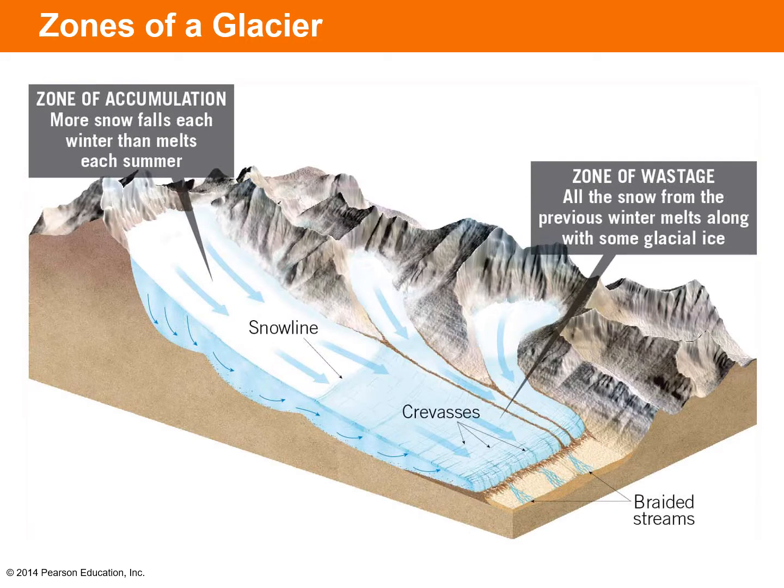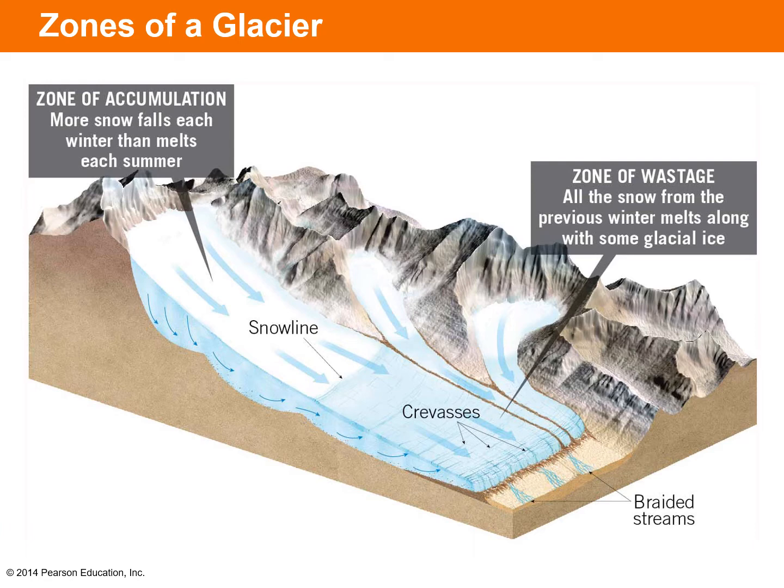All right, so this slide shows the glacial zones that I just described on the previous slide in a figure format. And so you can see the zone of accumulation is the highest elevation area, where more snow falls each winter than melts each summer.